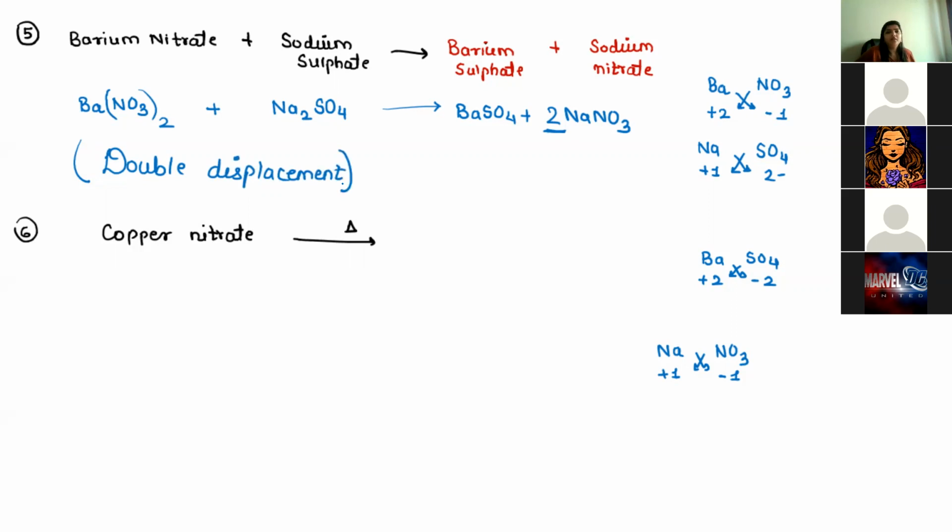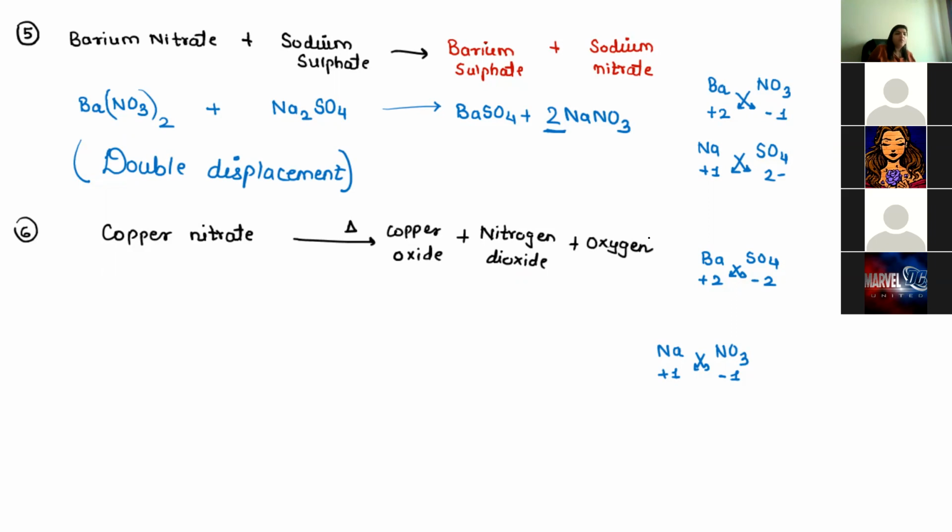Then about copper nitrate, I told you when we have a metal nitrate, it will give me a metal oxide. So over here, since it's copper, it will give me copper oxide plus nitrogen dioxide plus oxygen.